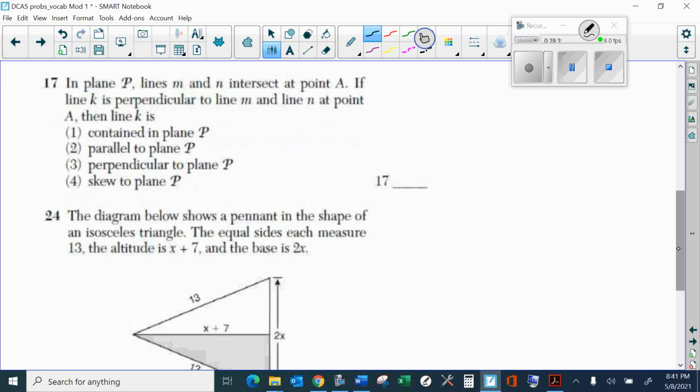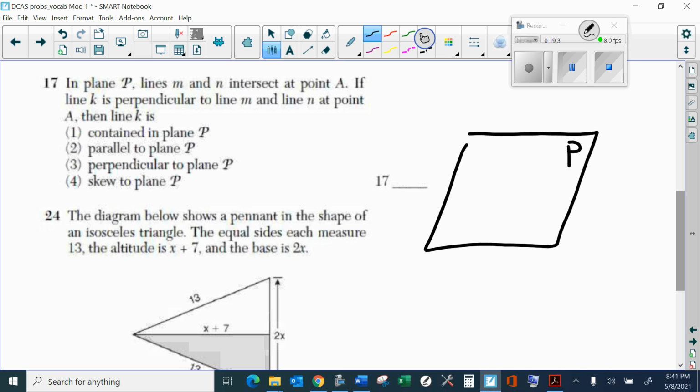In plane P, lines M and N intersect at point A. If line K is perpendicular to line M and line N at point A. Okay, so let's just draw this out.